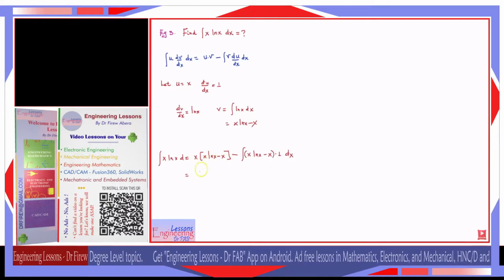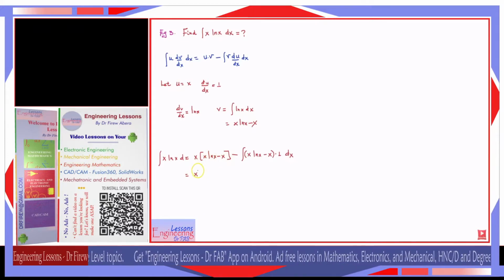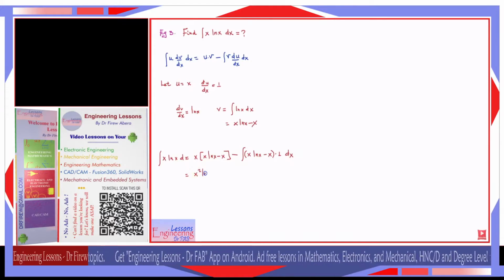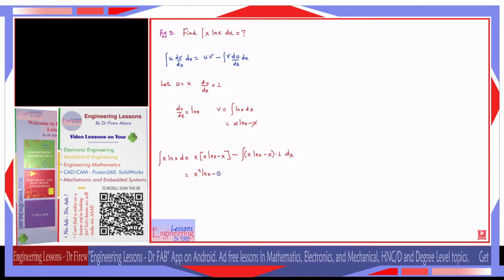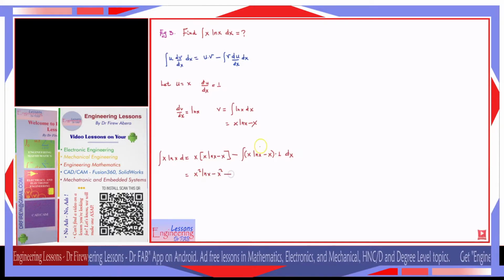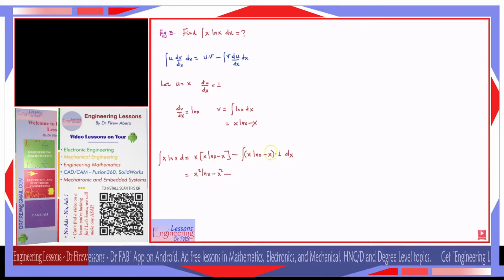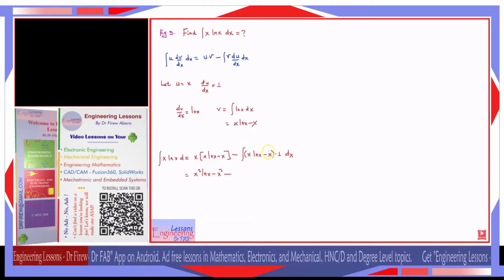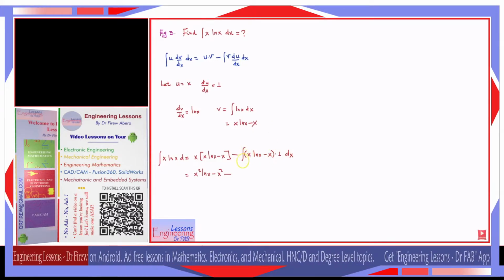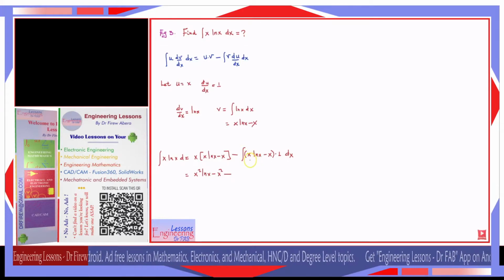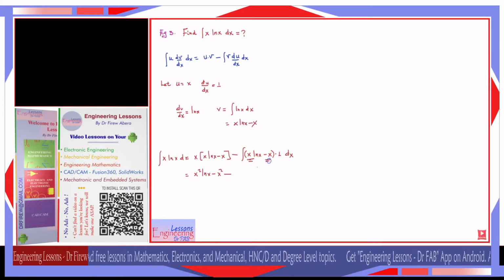Okay, now I can continue from here. I can cross multiply this. That will be x squared ln x minus x squared minus, and I can use the linearity of integration and integrate these two entries independently.